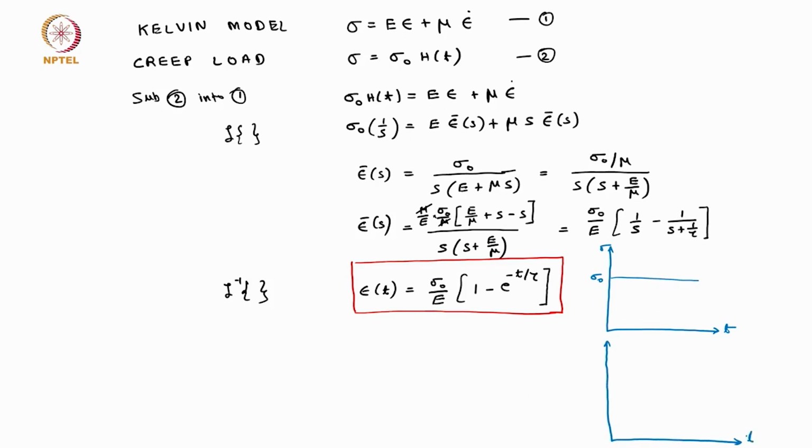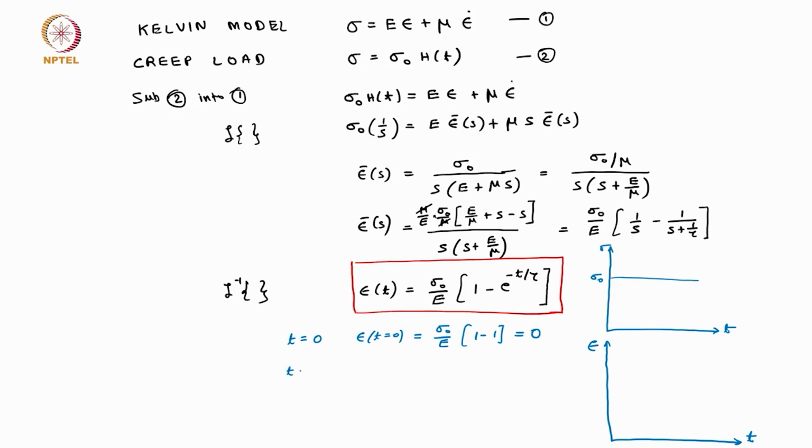With time we want to know how the strain varies. To visualize the response, let us look at the instantaneous response at time t equal to 0. Once you plug in time t equal to 0 in the equation, we get sigma naught by E times 1 minus e power 0, which is 1. So, overall it should be 0.